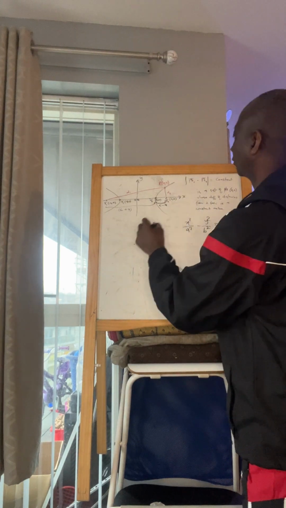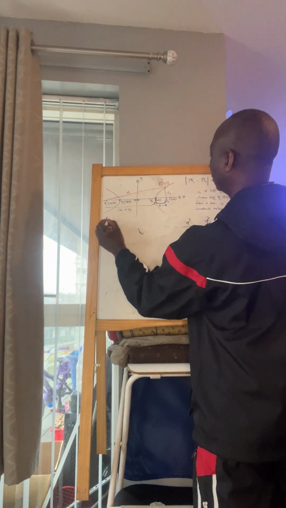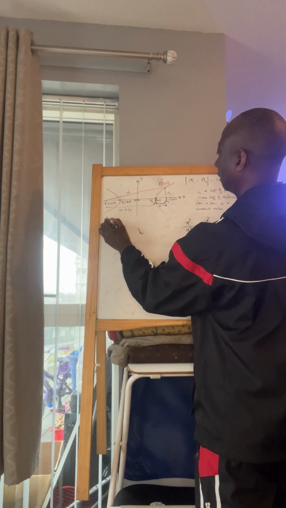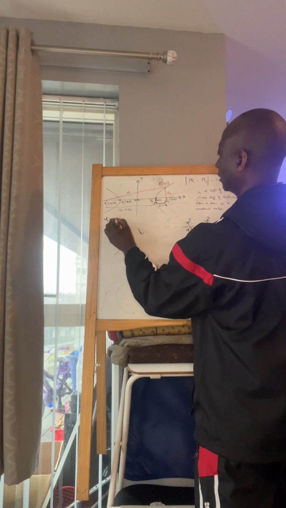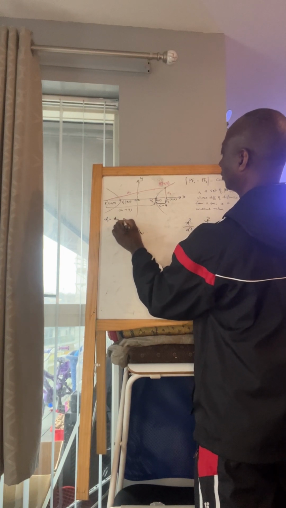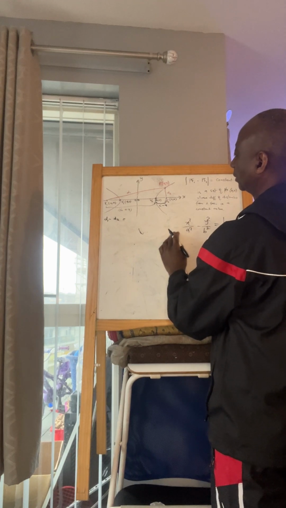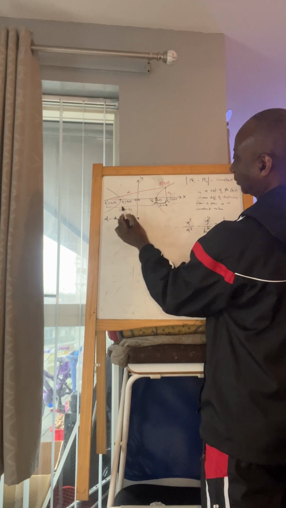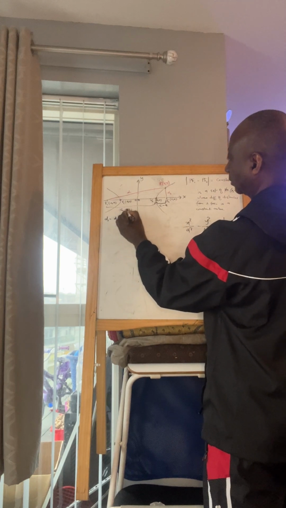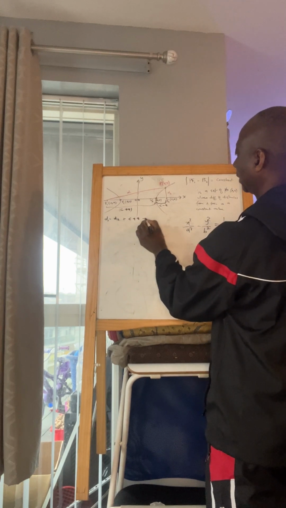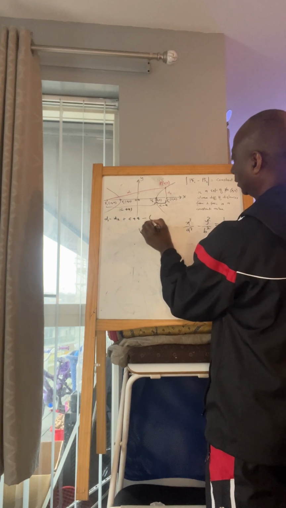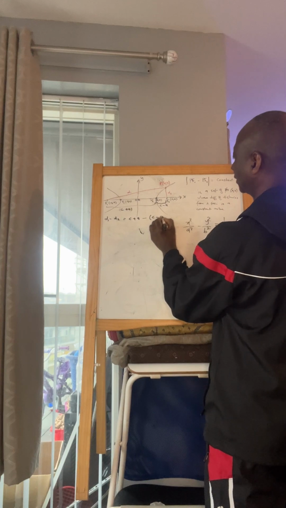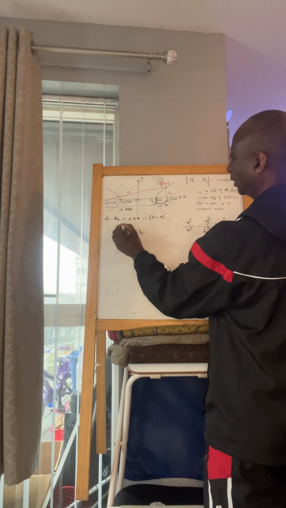So now, if you say D1 minus D2, this is now equals to C plus A, minus, because of minus, we put the bracket sign here, C minus A. So what is that?